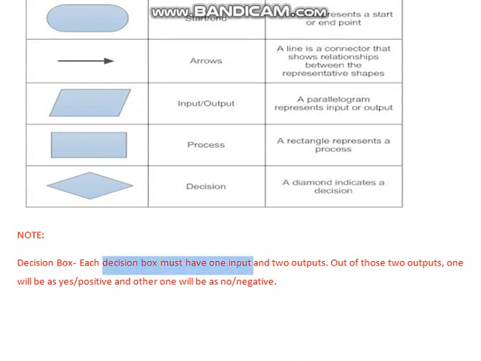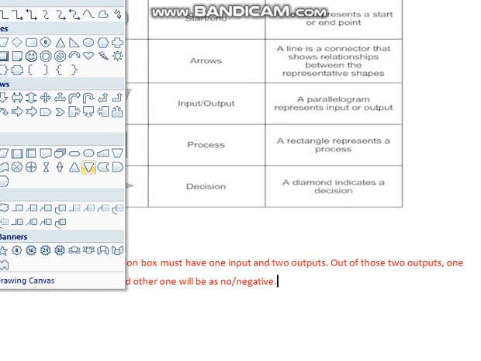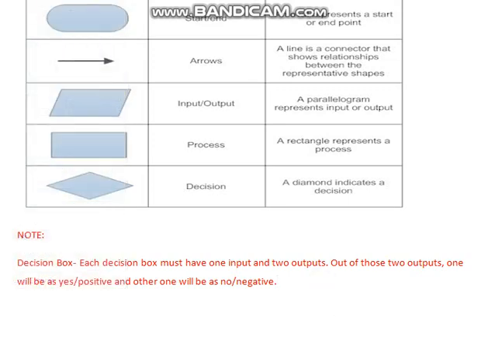There is a note for that: each decision box must have 1 input and 2 outputs. Every decision box must have one input. One input means one arrow should go inside the decision box and two arrows should come out from the decision box. So I'm just drawing and showing you. Just check please. If I take the decision box here, yeah, this is the decision box.